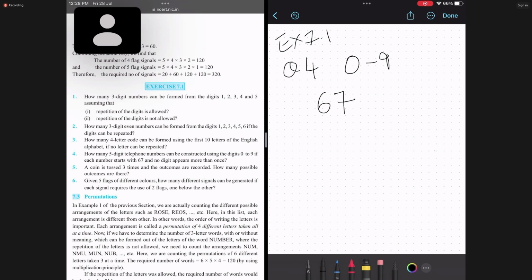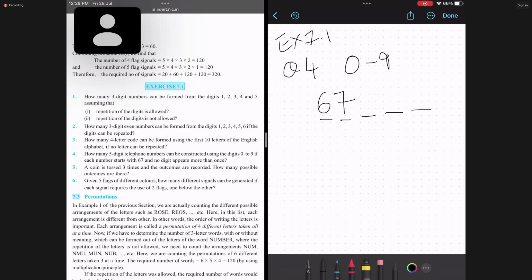We have been asked to generate a 5-digit telephone number, but the first 2 digits have already been specified to us: the number always starts with 67. So the places that we have left to fill are 3 that are remaining right now. And we have already consumed 2 digits.